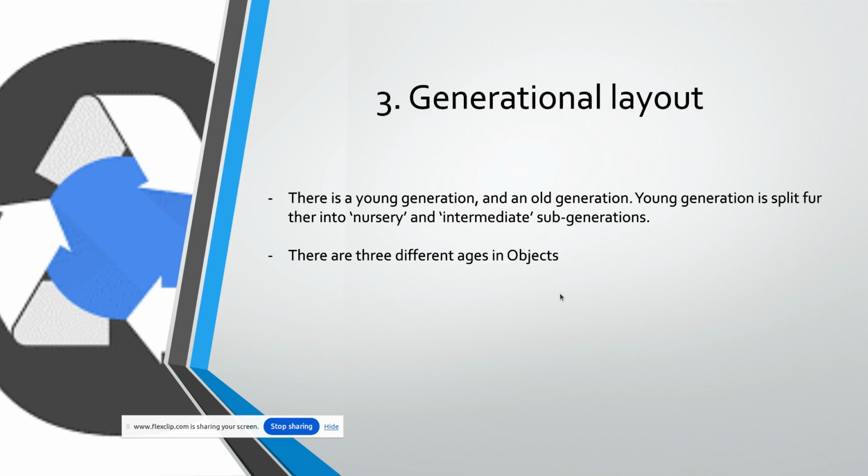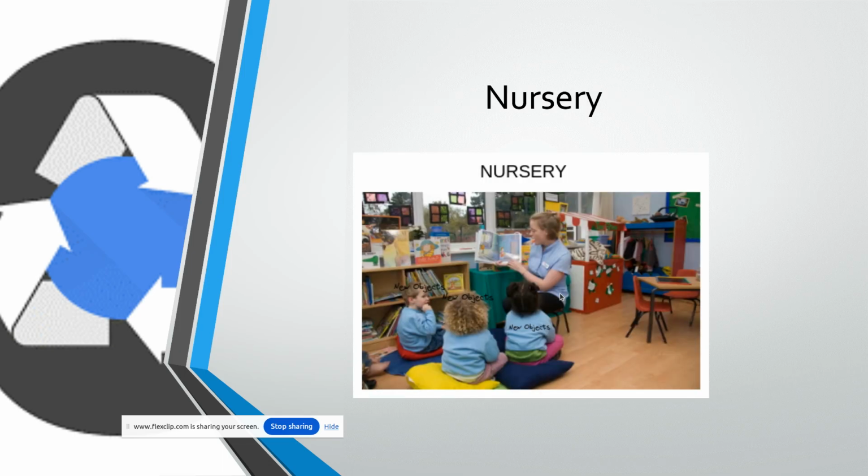So there's a young generation, and it's split into two: nursery, intermediate, and old generation. So the nursery is where new objects are first allocated.